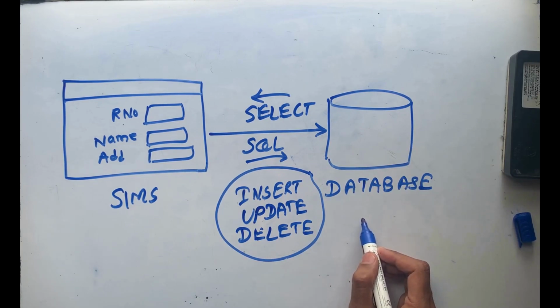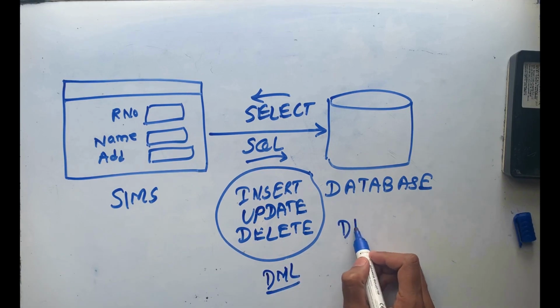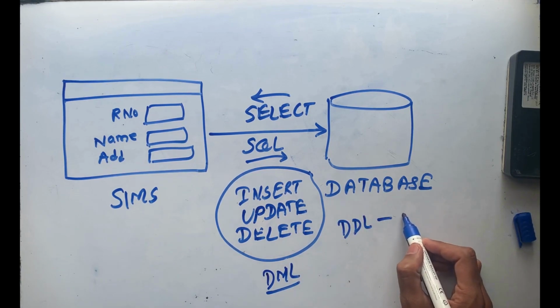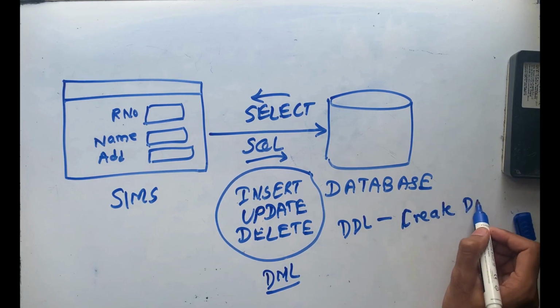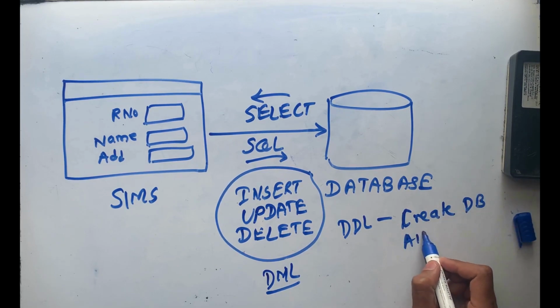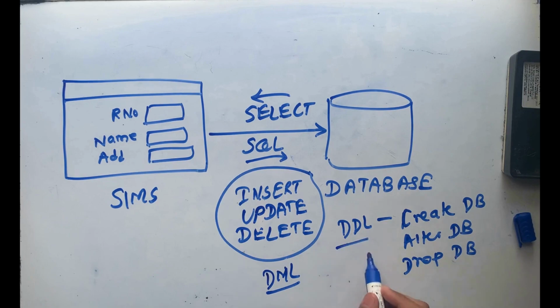These are the DML commands, and there are some DDL commands as well: create database, alter database, drop database. So these are some detailed commands, and DML, DCL, DDL, with the help of which we can manage the database.